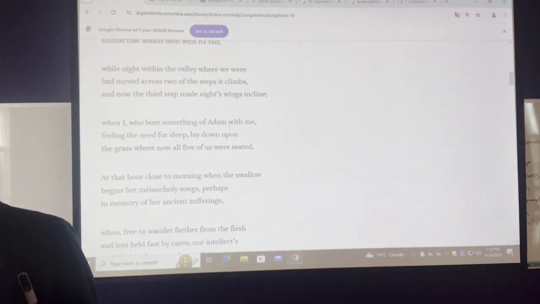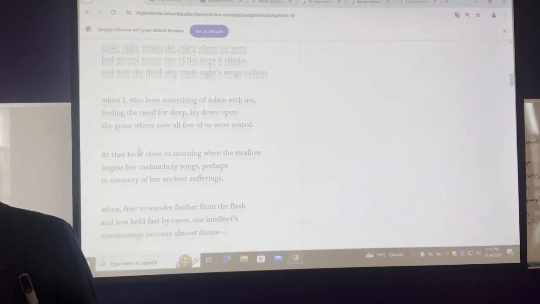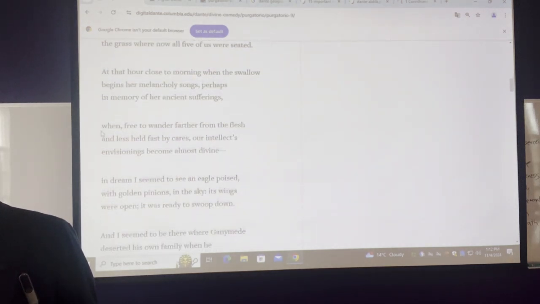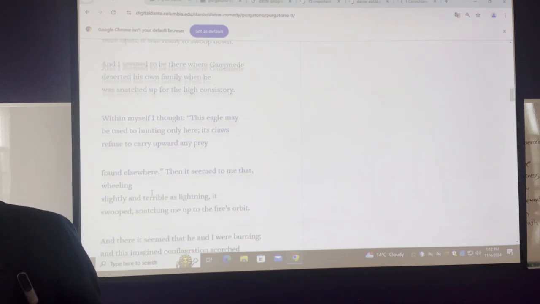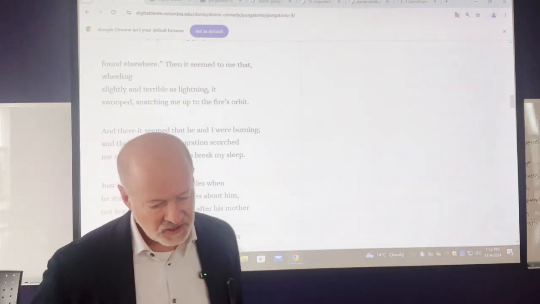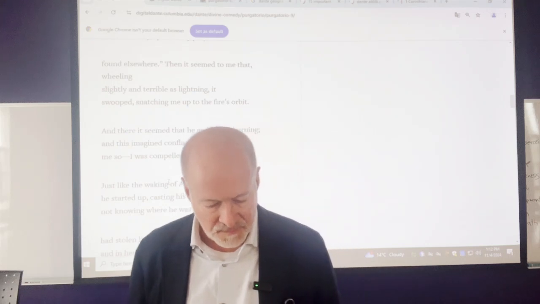I, who bore something of Adam with me, feeling the need for sleep, lay down upon the grass where all 5 of us were seated at the air. And then up he goes, and he imagines that he is being carried upward as if in a dream.